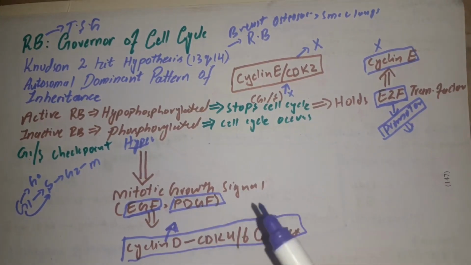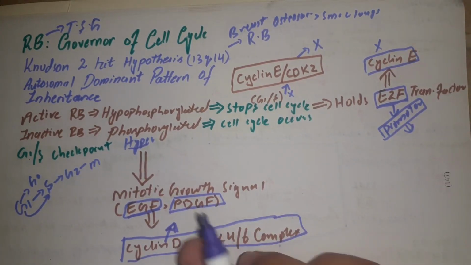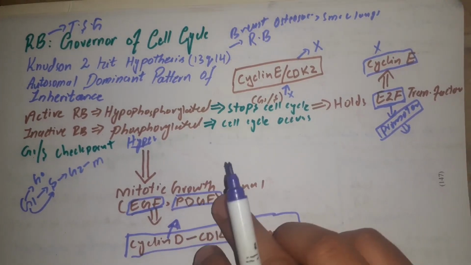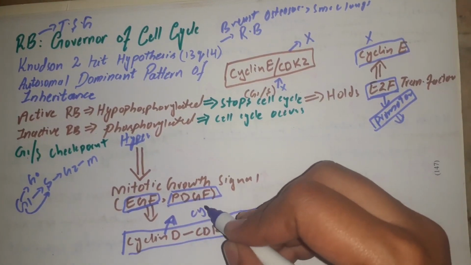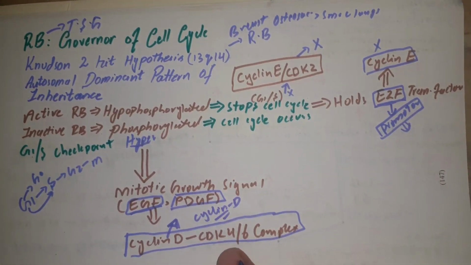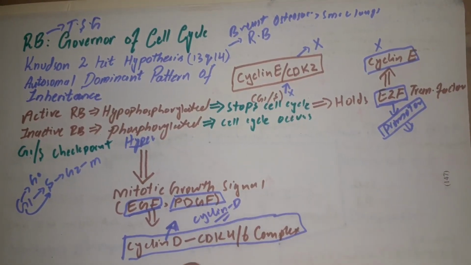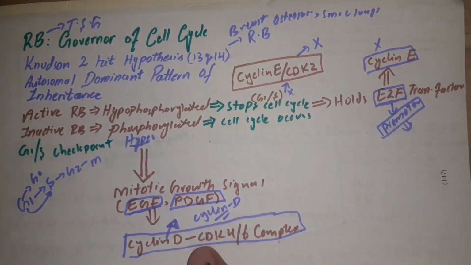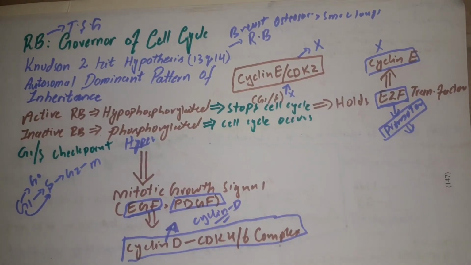So when a cell receives growth signals in the form of epidermal growth factor or platelet-derived growth factor, cyclin D is produced, and this cyclin D combines with cyclin dependent kinase 4 and 6, and a complex is formed, which is the cyclin D CDK4-6 complex.